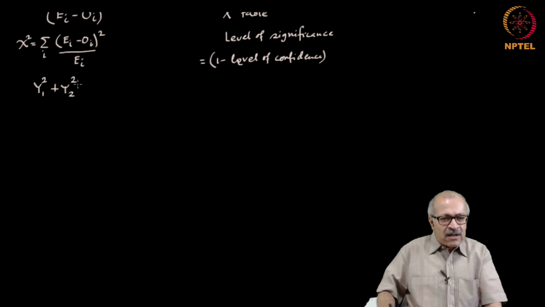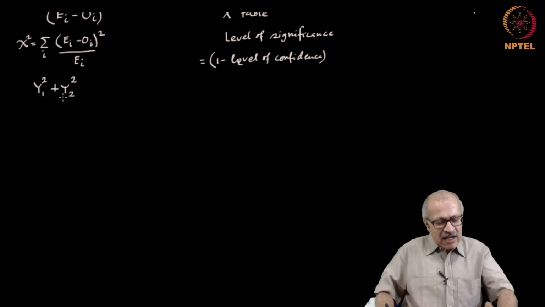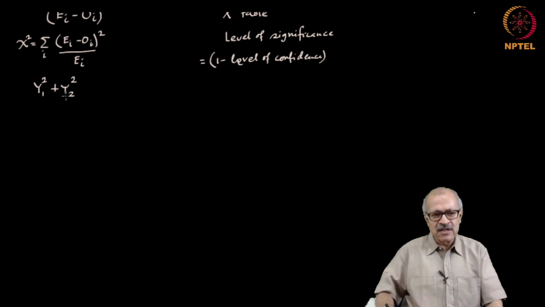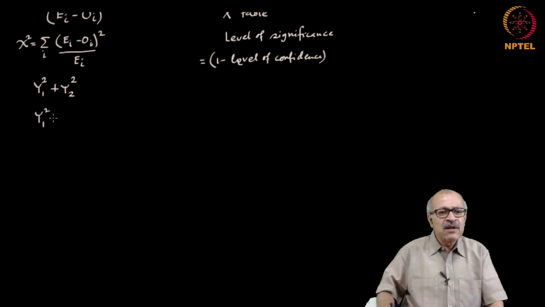If there are two different situations regarding which the theory has a prediction, you will be able to match with that. If the theory has prediction regarding three different situations, then you would need to take y1 square plus y2 square plus y3 square. And that way it continues.